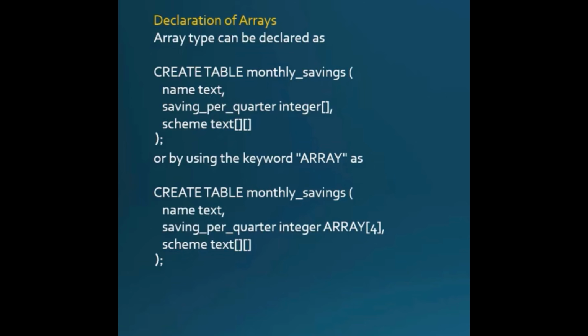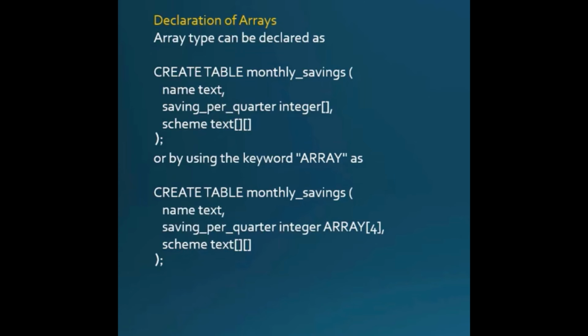And the next type is array type. It is used to store multiple values in a single column. So here we can see the declaration of arrays, how the arrays can be declared. So from the above example one, we can declare the array with simple syntax. First we need to create the table, and next we have name text.